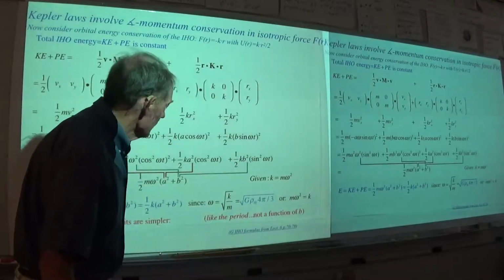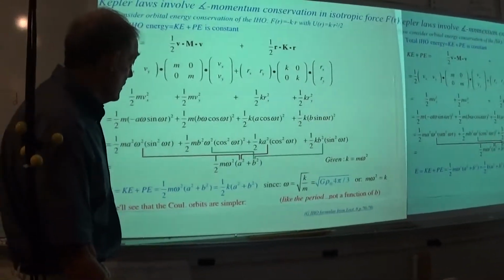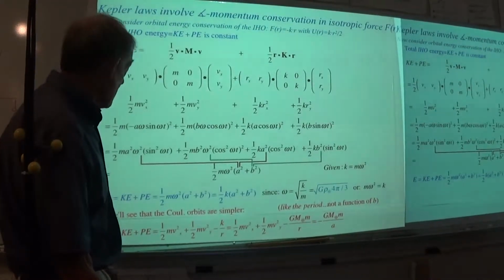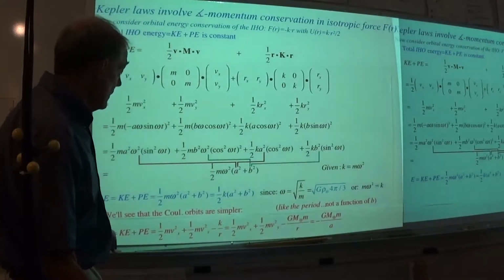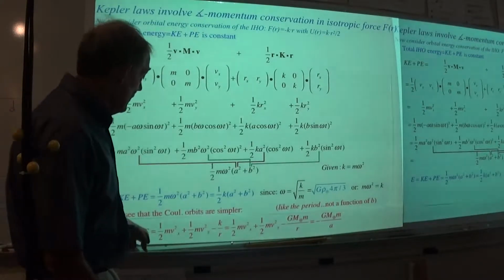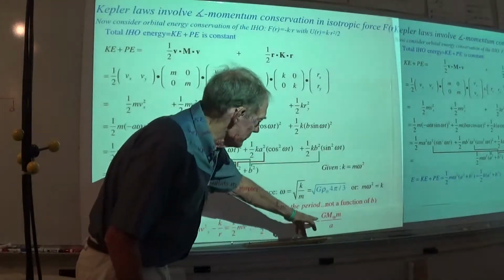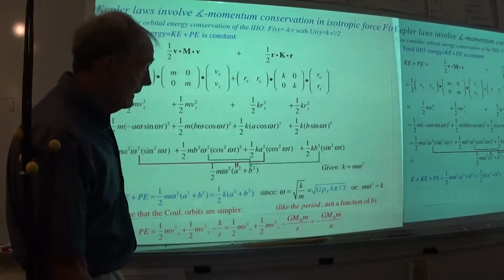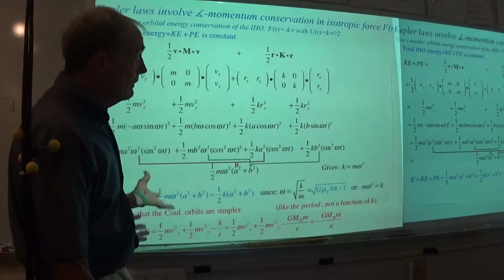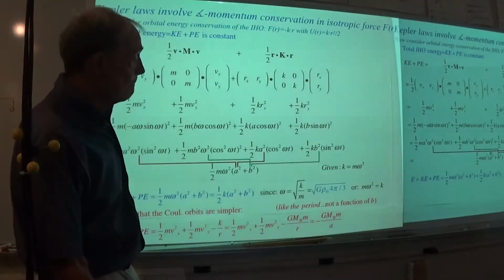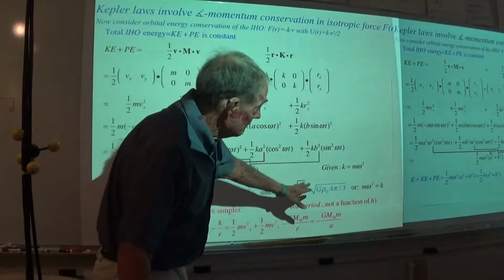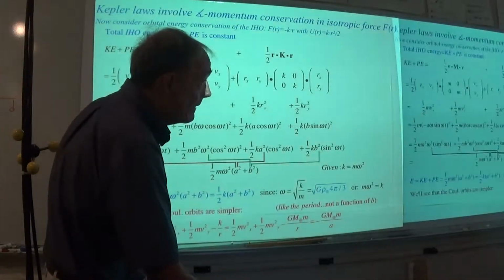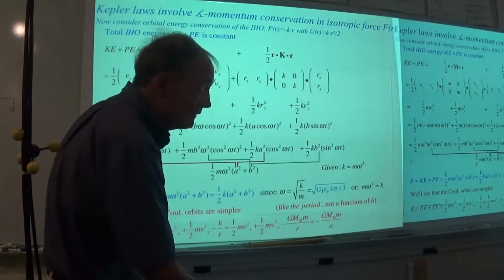This particular frequency of the period is not a function of V or A, but for Coulomb orbits, as we'll see, that adds up to this particular thing. That is, it adds up to something that is just a function of A. The major axis determines the period, and the total energy has no constant, no A and B involved at all. Okay, so that's that.